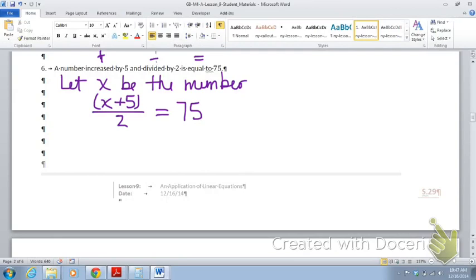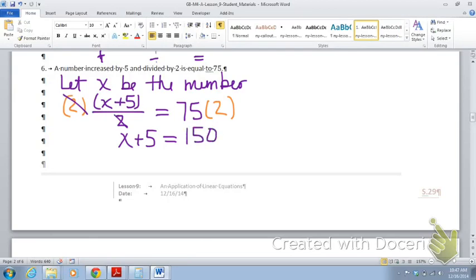So to solve this equation, I'm going to start by multiplying both sides by 2 to get rid of that fraction bar there. So I end up with x plus 5 is equal to 150.